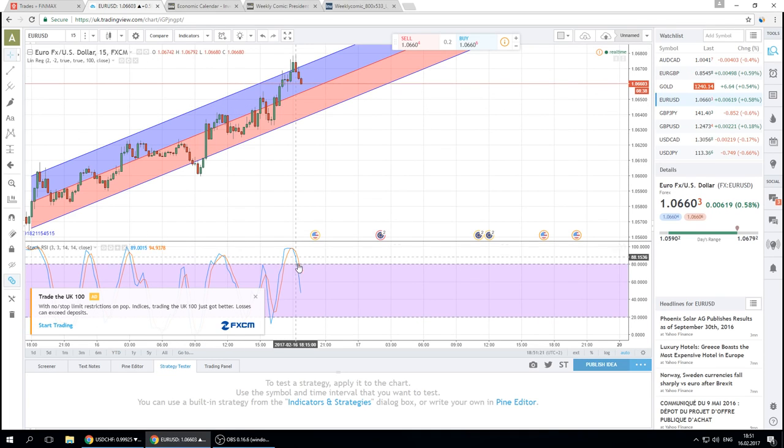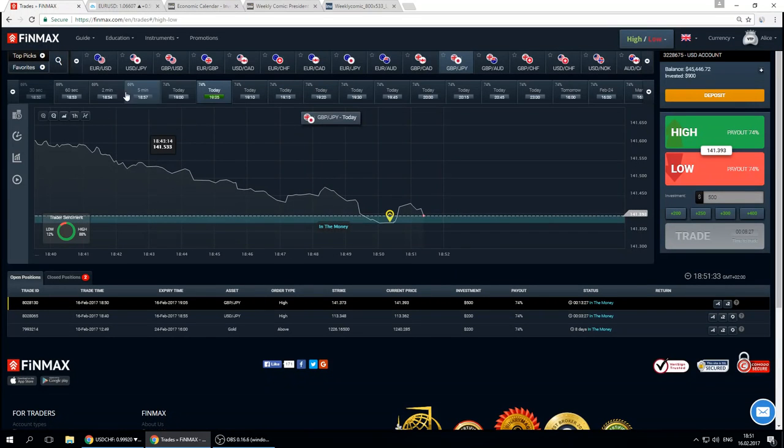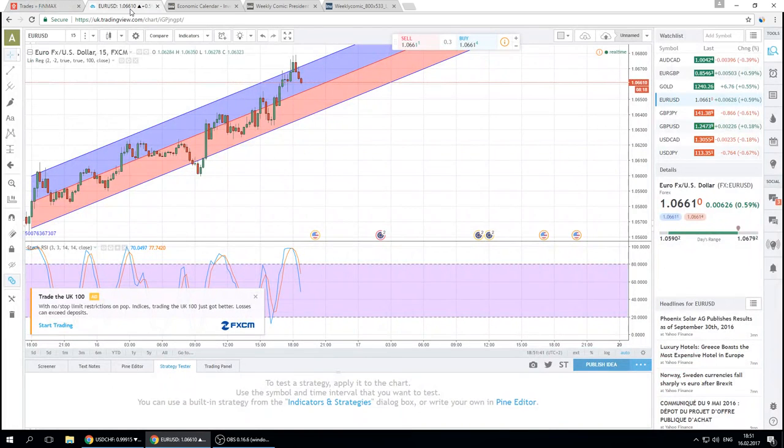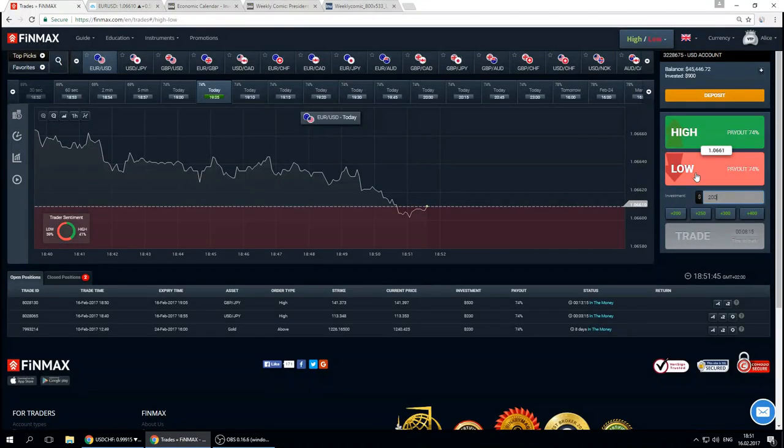Here on Euro USD also, well, basically the situation is pretty good to open the second trade. Also on Euro USD, on the 15 minutes time frame.